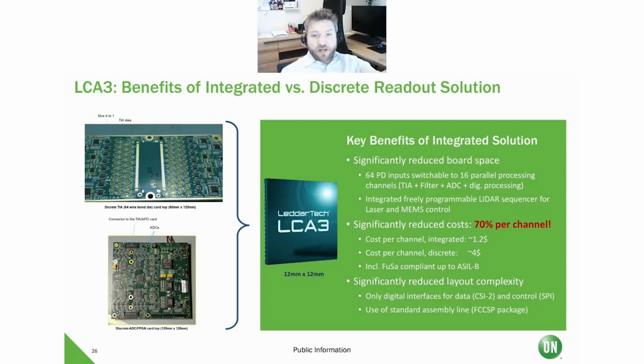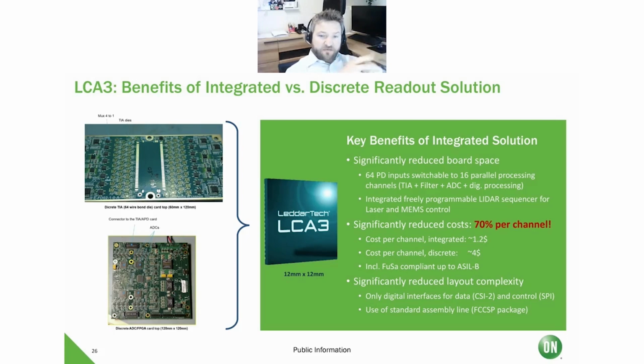And when we compare the channel costs for a discrete solution to a highly integrated solution, we are able to reduce the overall cost per channel by up to 70%. And not only from this integration point of view, also, as Heinz mentioned in the intro, the ASIC is developed compliant up to ASIL B, which also reduces the development cost for our customers in terms of function and safety.